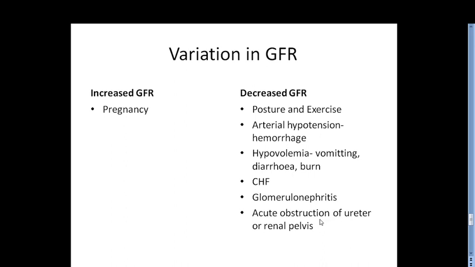So all the fluid gets collected in the renal pelvis, and because of backflow there is an increase in the Bowman's capsular hydrostatic pressure. So that is the opposing force to the glomerular filtration hydrostatic pressure. So that's why there is a decrease in GFR.